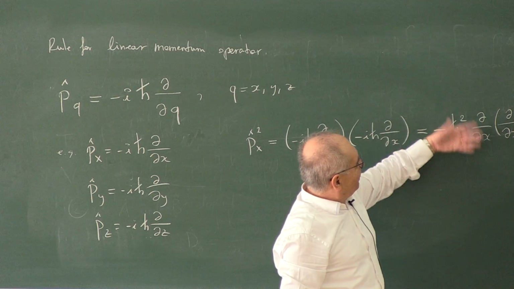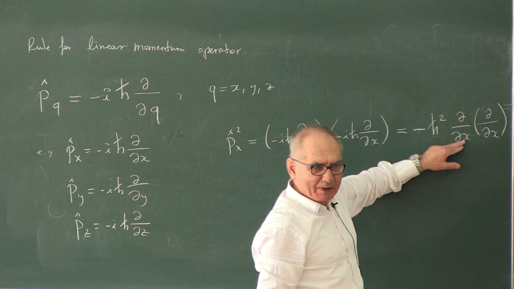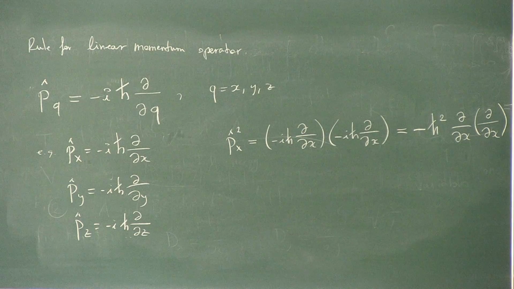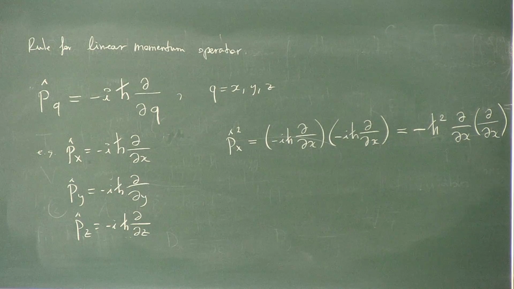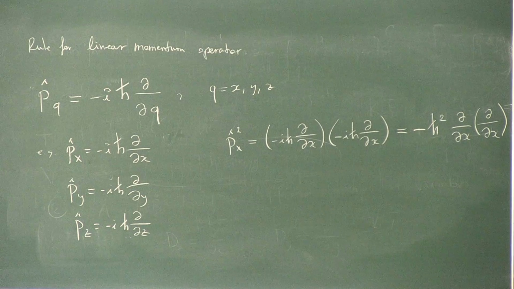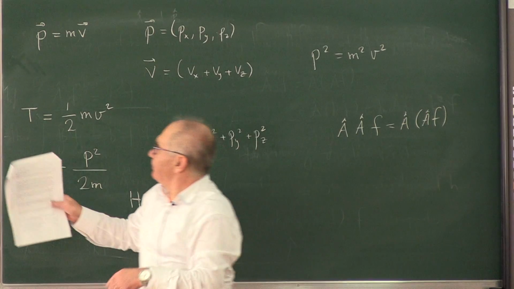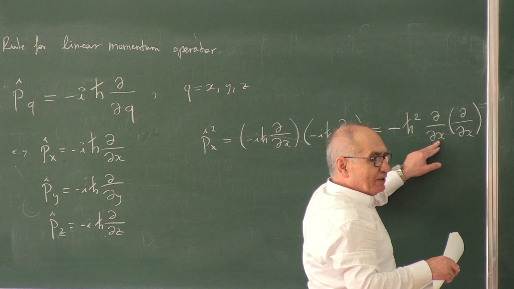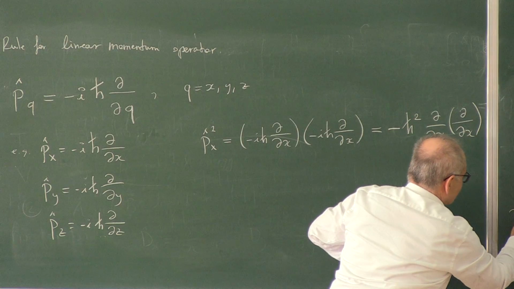What does this operator mean? You see first partial derivative with respect to x and also first partial derivative with respect to x. But you should regard them like this: after applying A to f, then you apply it. So what does it mean? After taking the first derivative with respect to x, now you take the first derivative with respect to x of the result. The result was this.